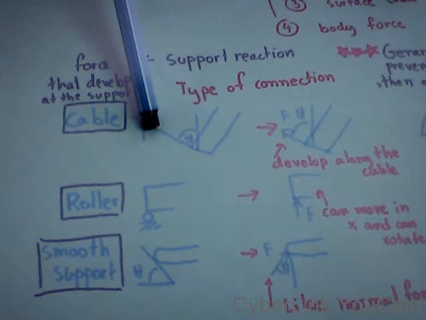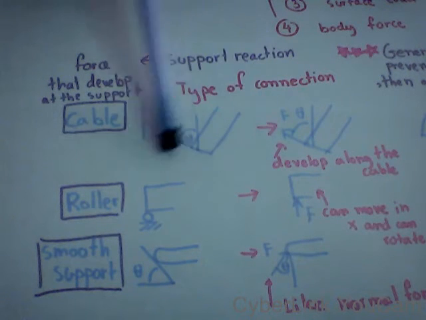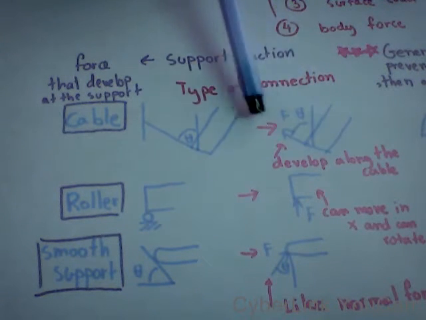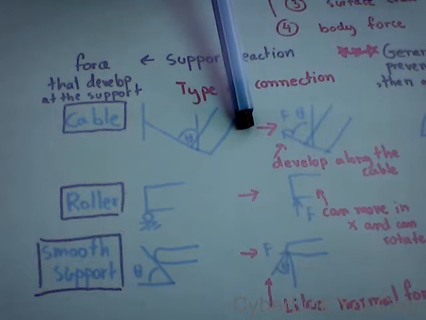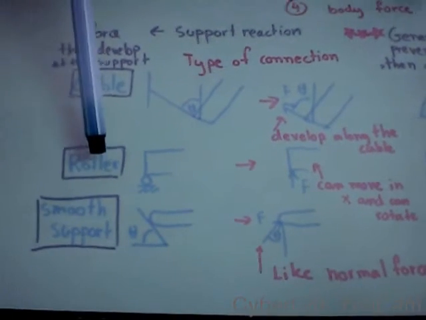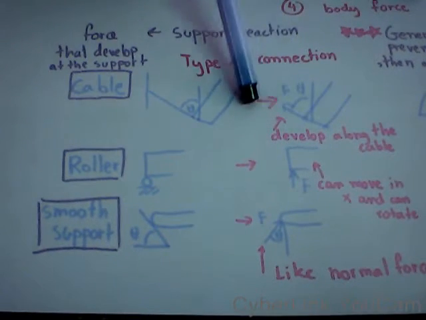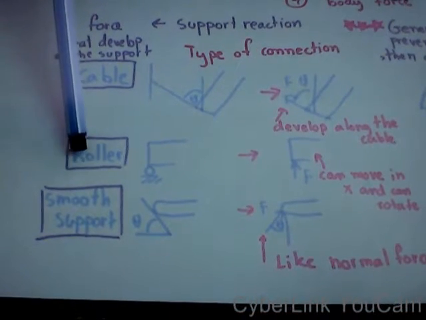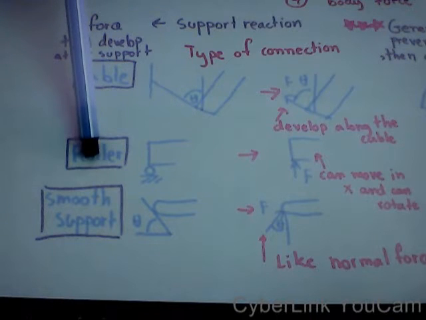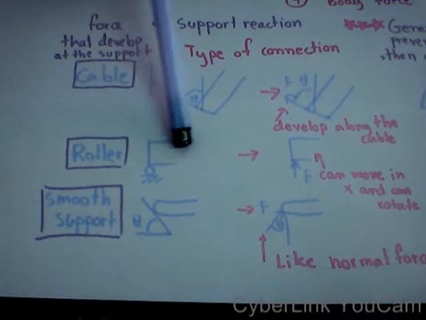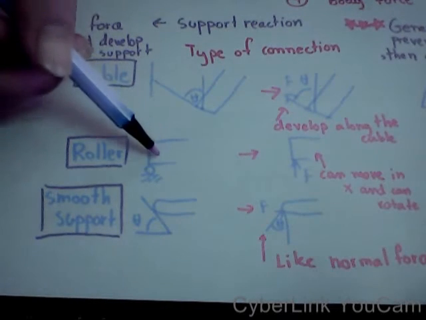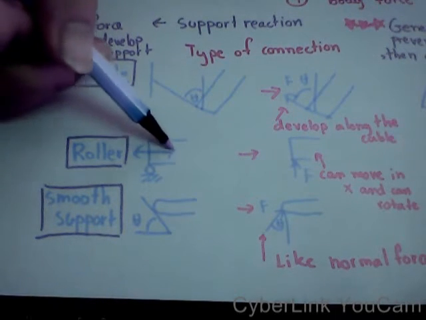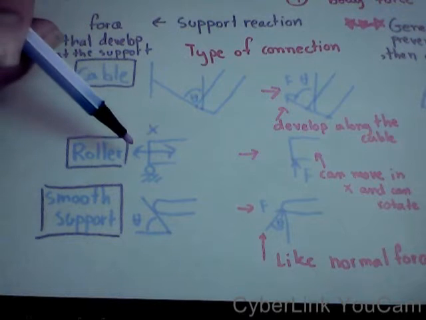Cable, okay, like a rope. If we cut the cable, we see the force along the line, and it's pointing outward. Okay, roller. The roller, if you see it, you can move along the x direction.